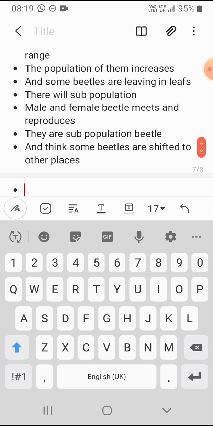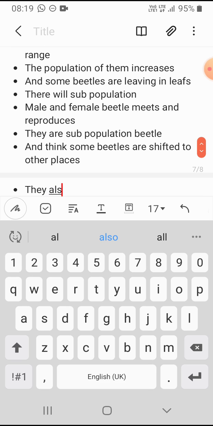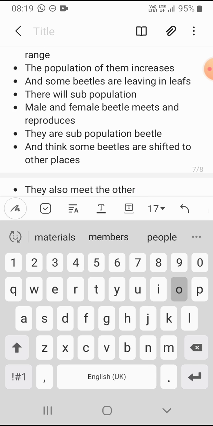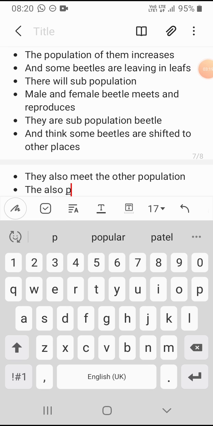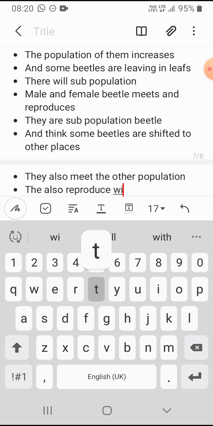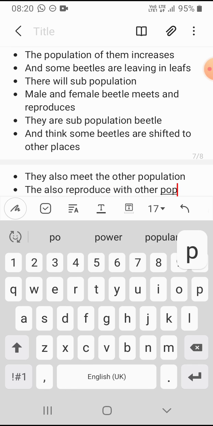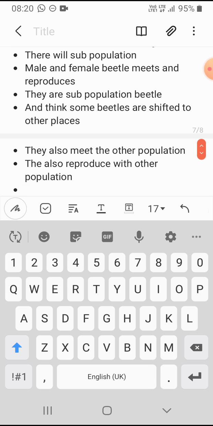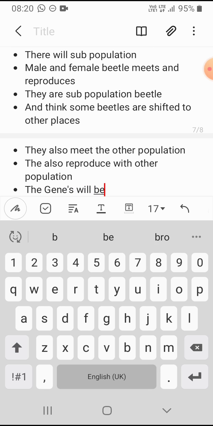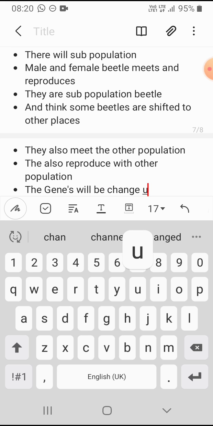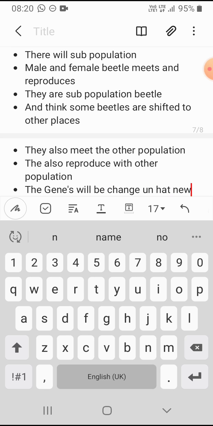If they are shifted to other places, they also meet the other population and reproduce with other population beetles, and the genes will be changed in that new population. There will be a change in genes.